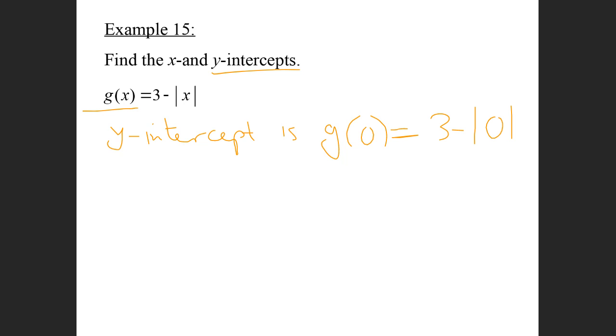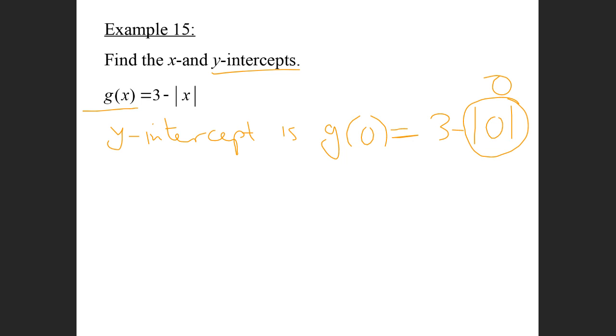What's the absolute value of 0? 0. The absolute value of a positive number or 0 is itself. For the absolute value of a negative number, you have to multiply it by minus. So the absolute value of 0 is also 0.